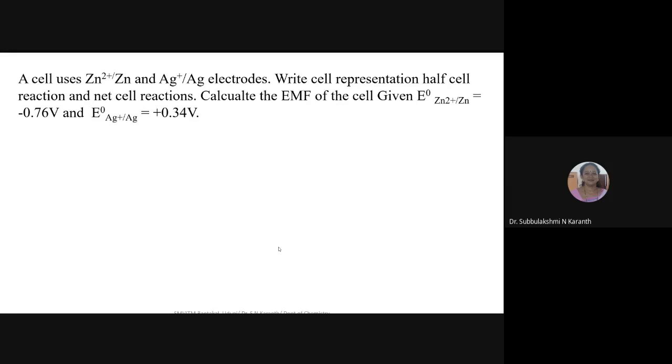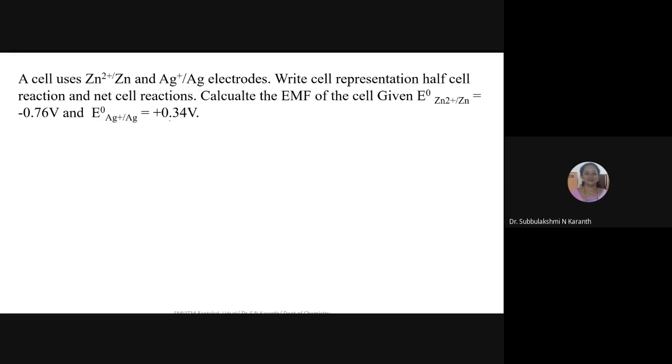Write the cell representation, half cell reaction and net cell reaction. Calculate the EMF of the cell. Given: E naught Zn2+ | Zn equal to minus 0.76 volt and E naught Ag+ | Ag equal to 0.34 volt.